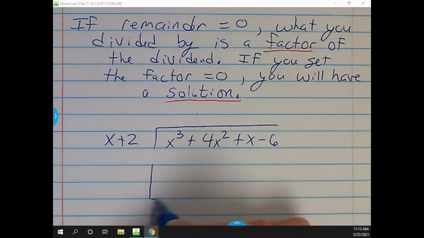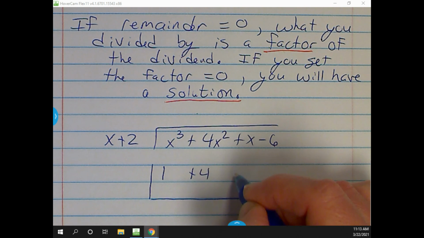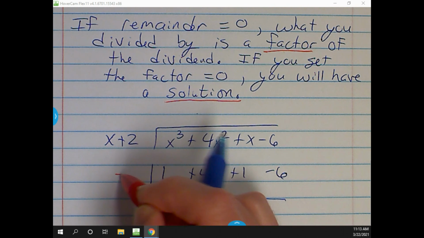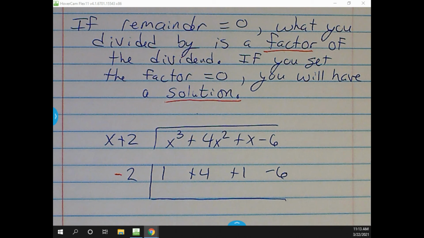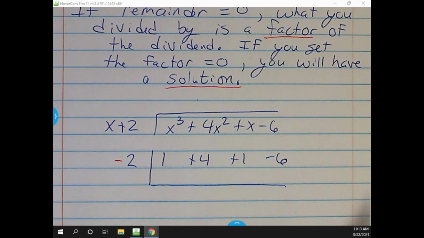Okay, so this was our problem. We'd have a 1, a plus 4, plus 1, and a minus 6. And change that positive 2 to a negative 2. And then from there, we're just going to do a quick synthetic division. And again, we're doing this one just so you understand exactly what's going on with this thing.